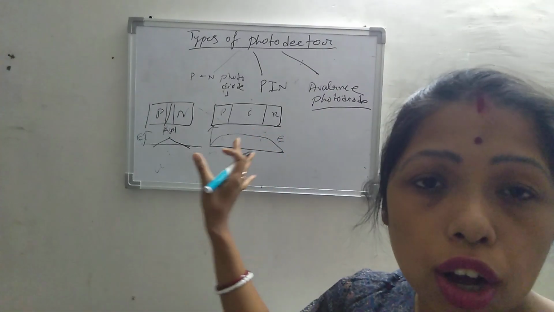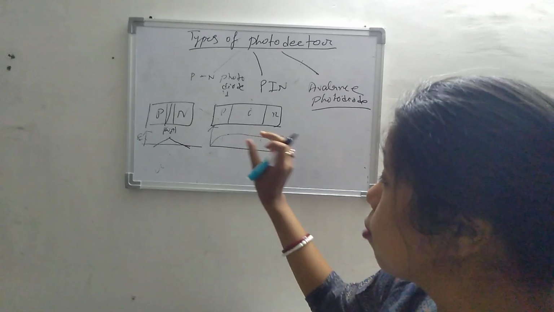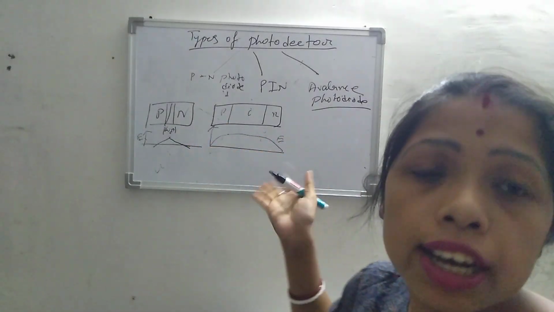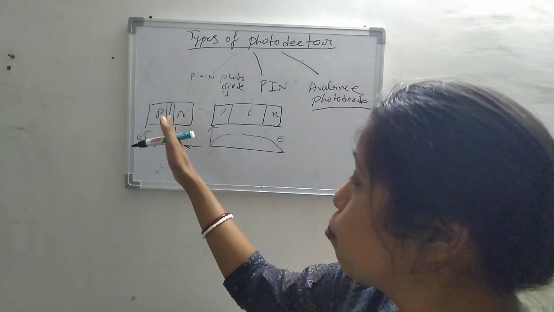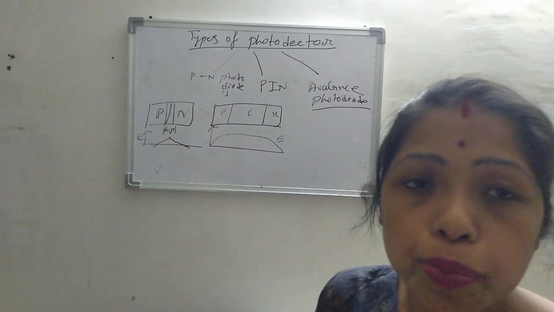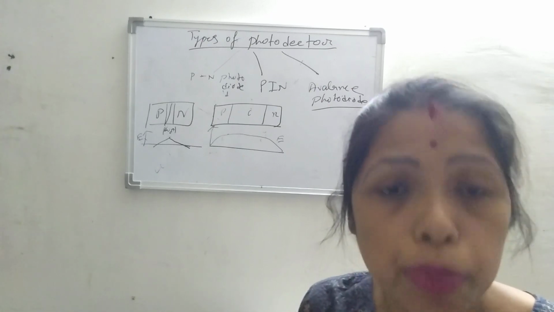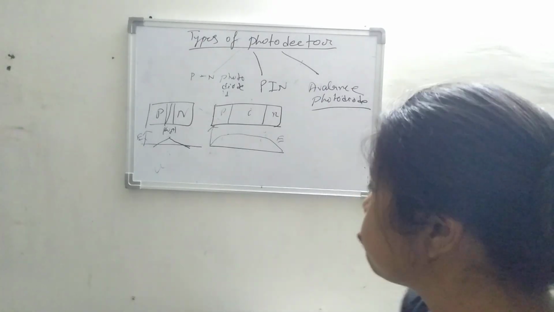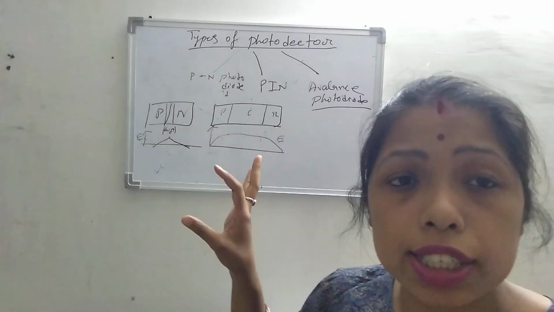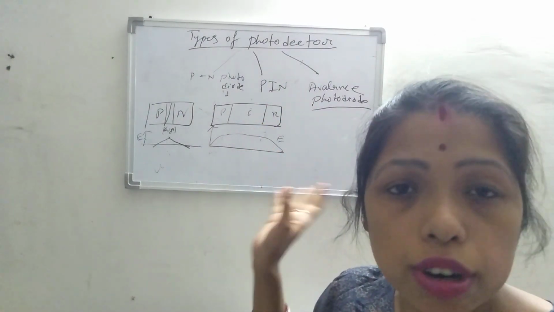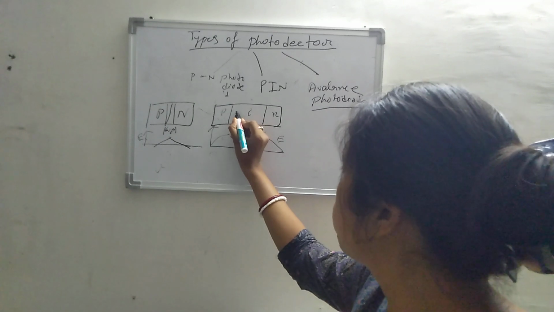The magnitude of the electric field is higher across the entire pin photodiode, but in the PN junction, only at the center of the junction do you get the maximum electric field, right? Now what will happen? Whatever electron hole pairs are produced inside the pin layer, electron hole pair.